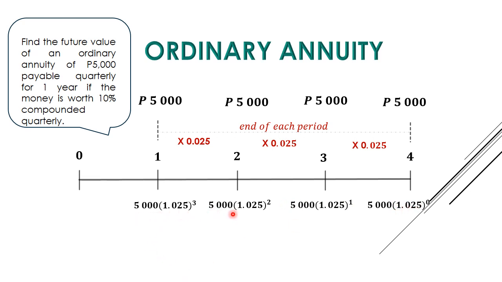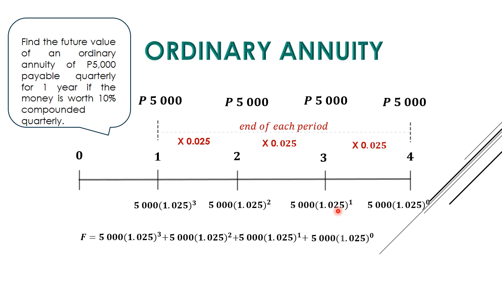So if we sum it up, the accumulation of all of these payments in every period is what we call the future value. So that would be 5,000 times 1.025 to the power of 3 plus 5,000 times 1.025 to the power of 2 plus 5,000 times 1.025 to the power of 1 plus 5,000 times 1.025 to the power of 0.